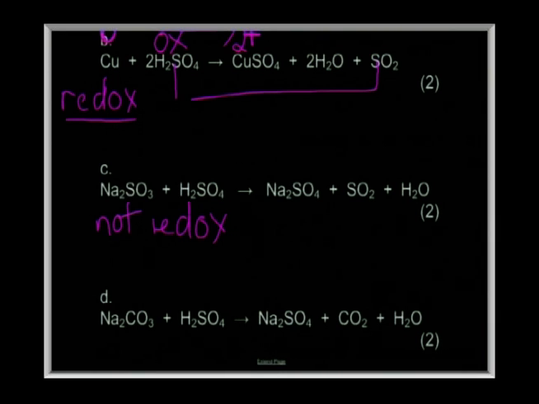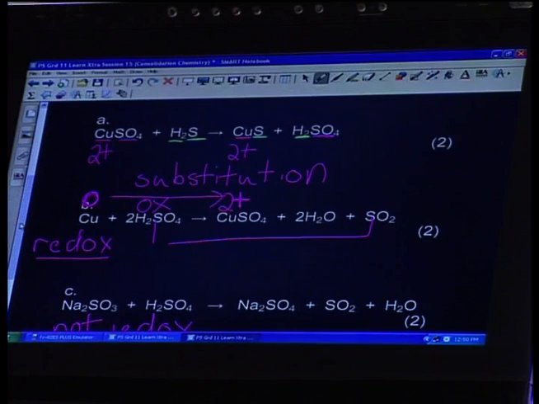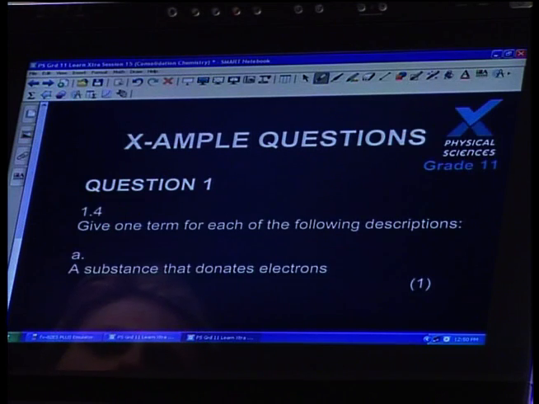Na2SO3 and then Na2CO3, this one is also not a redox reaction. Now, just looking back quickly, you guys see that it's actually very easy to identify the one that is the redox reaction. Right, let's have a look at question 1.4.